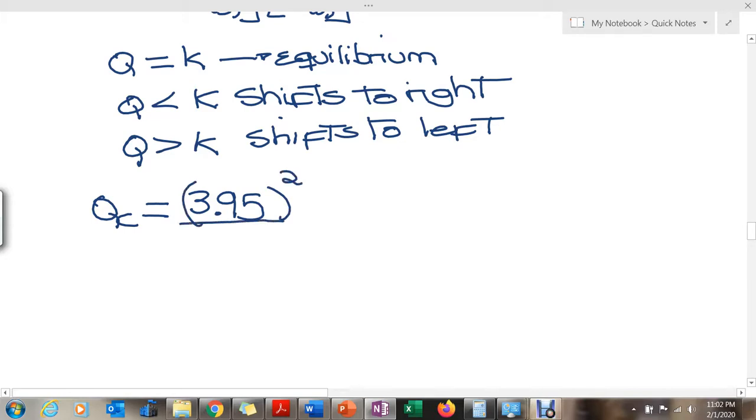And on the bottom, the concentration, if you remember, of Cl2 initial that we calculated was 0.123905 molar. And then we multiply this by the concentration of NO squared.